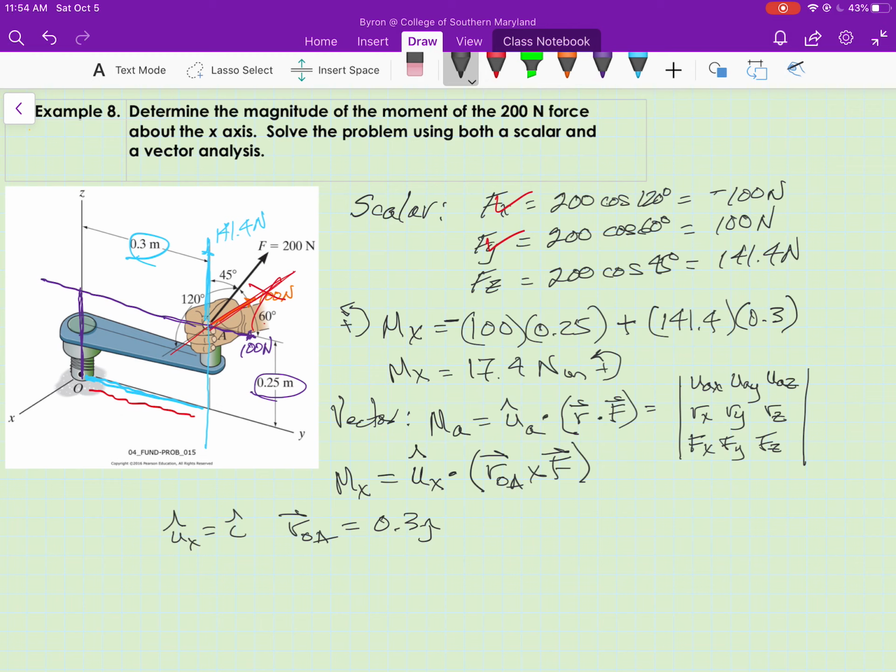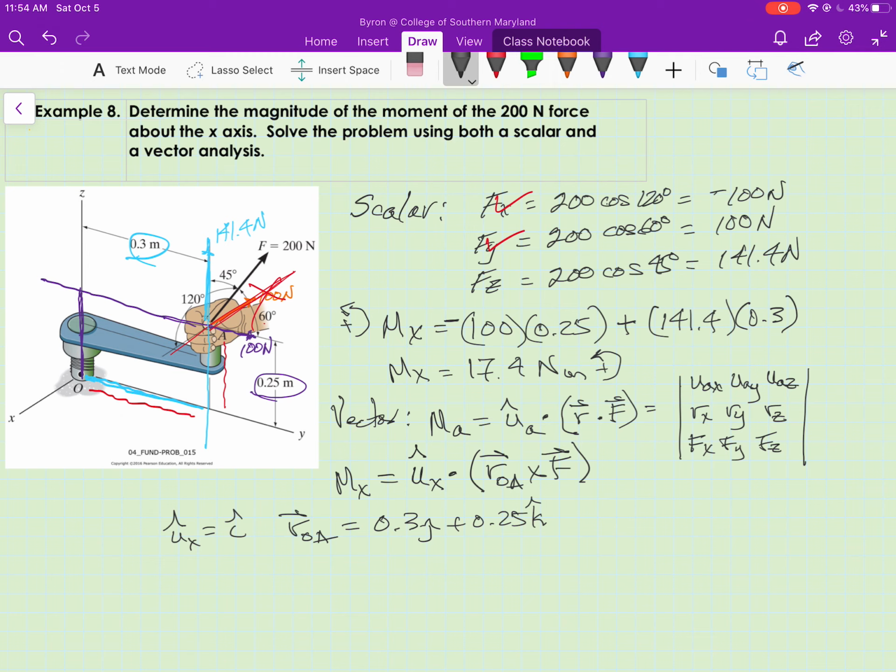And the change in z is a positive 0.25 meters. So let me write that. I might have said, I'm not sure if I said j, I should have said k there, the change in z or k.